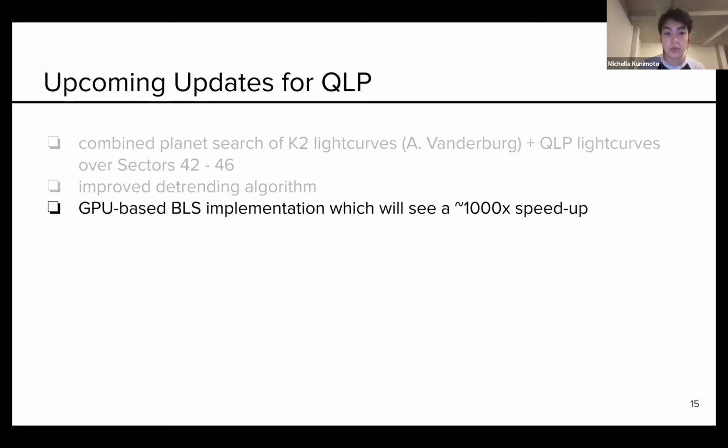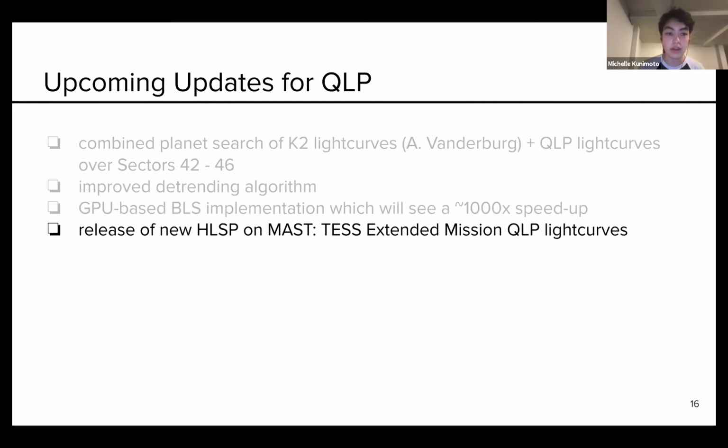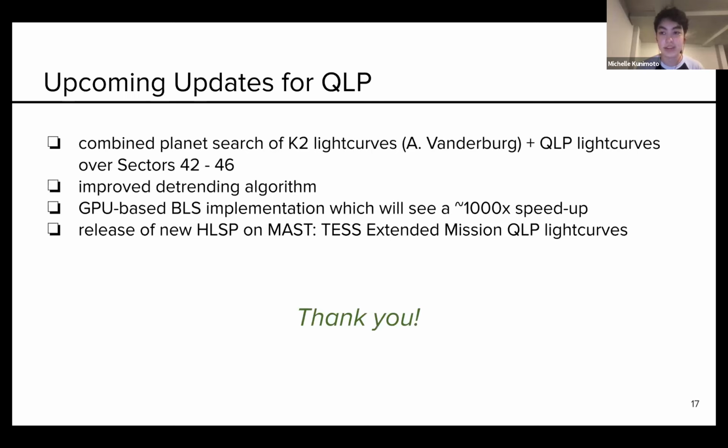We're also hoping to implement a GPU-based BLS, which will see a 1,000 times speed up in our BLS runs and allow us to look at a much larger frequency grid. And finally, we hope to start releasing our current extended mission light curves as high-level science products available to the public in the very near future. Thank you.